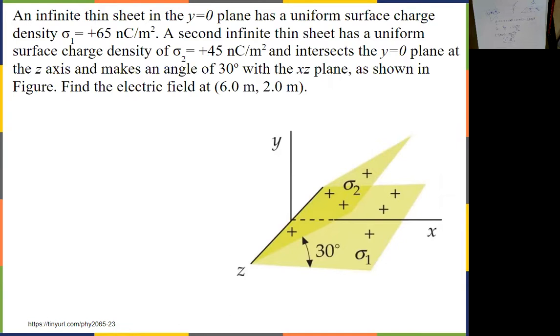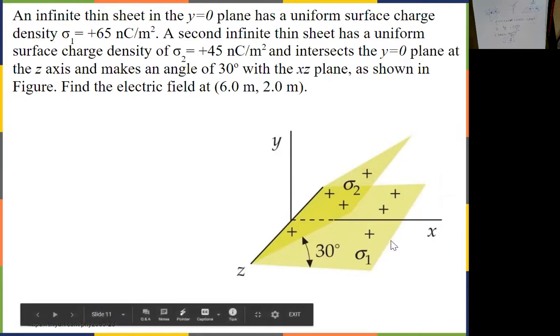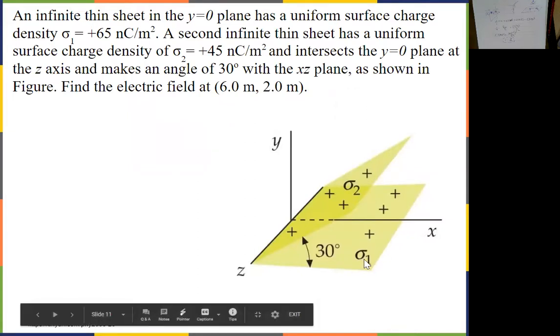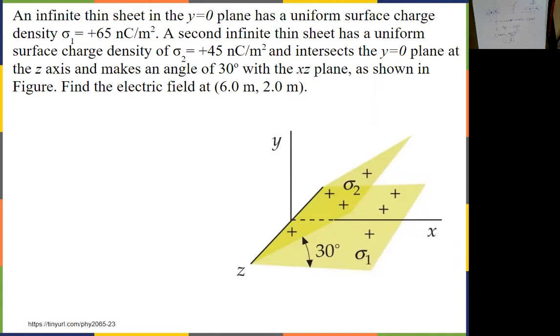This time we have numbers and geometry here. So let's take a look. It says an infinite thin sheet in the y equals 0 plane, so that means the xz plane, has a uniform surface charge density of sigma 1, 65 nanocoulombs per meter squared.